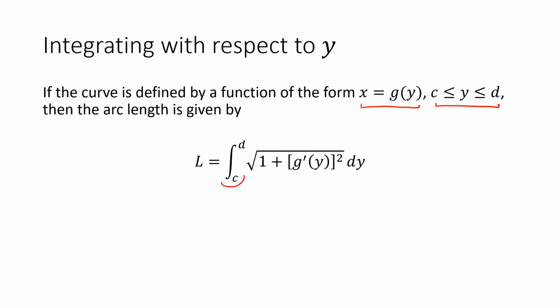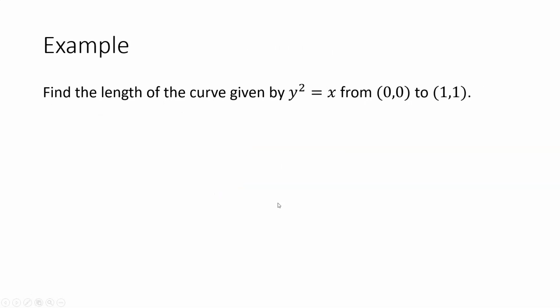So notice that the endpoints here, c to d, are going to be the y coordinates. So let's demonstrate with this example here. Find the length of the curve given by y squared equals x from the point (0, 0) to the point (1, 1). Notice here we have x defined as a function of y.